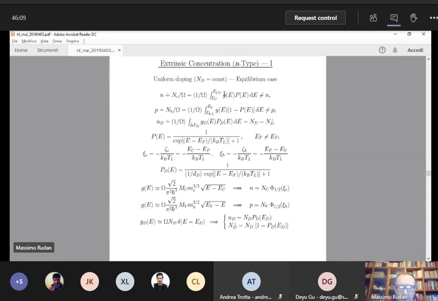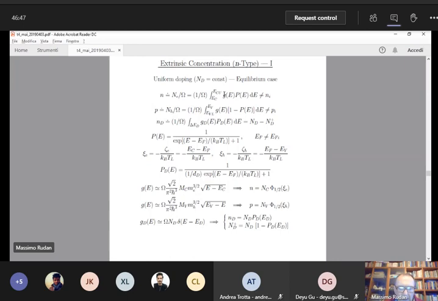So in conclusion, the concentration of the electrons of the conduction band will be Nc, that is the customary effective density of states of the conduction band, times the Fermi integral of order 1/2 of the argument psi E. So the difference is that the numerical value of psi E is different from that of the intrinsic case.